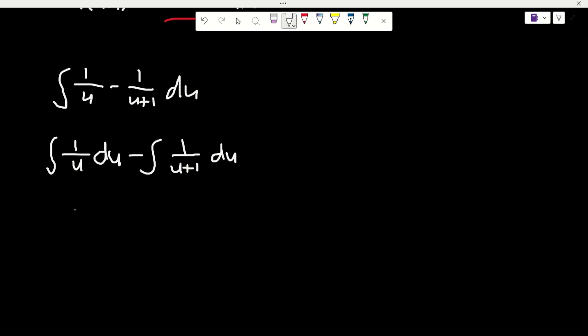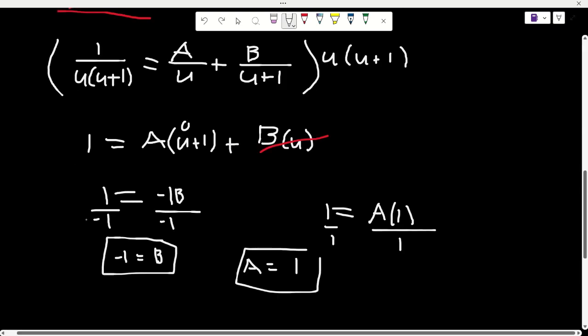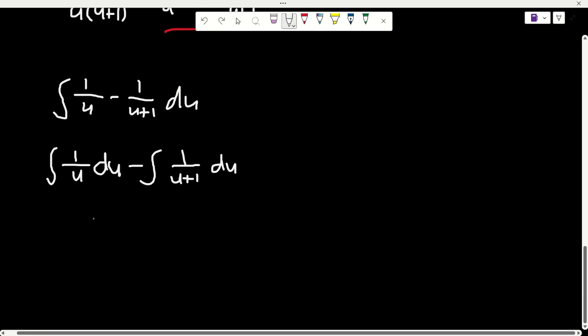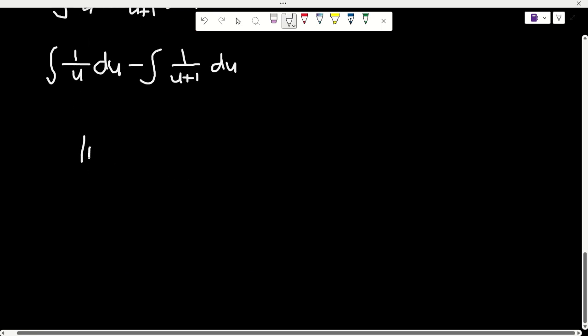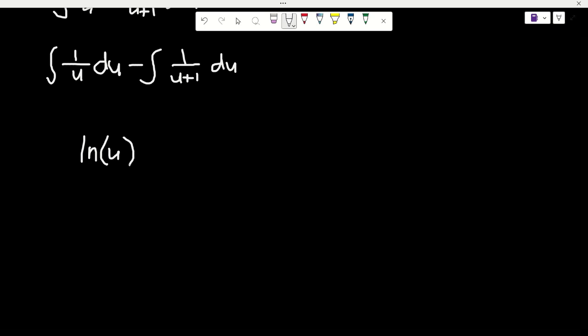We know that the integral of 1 over u is simply ln u. And the integral of 1 over u plus 1 is simply ln of u plus 1, plus c.